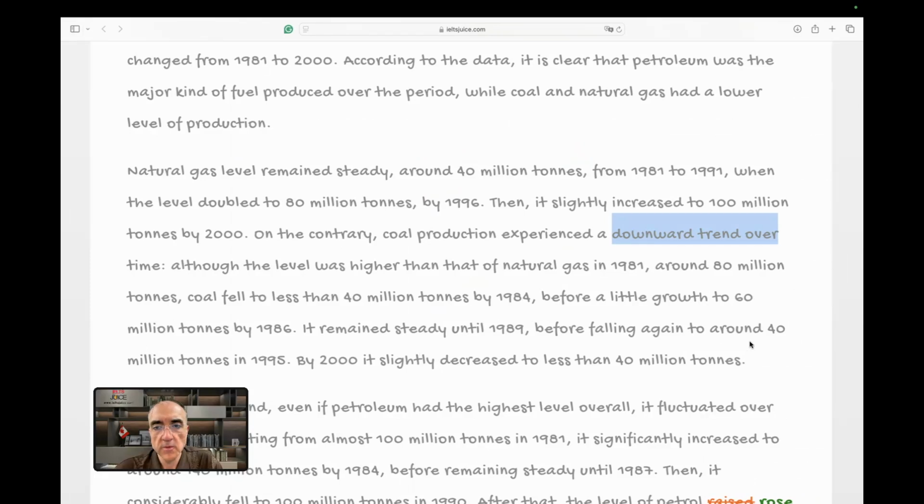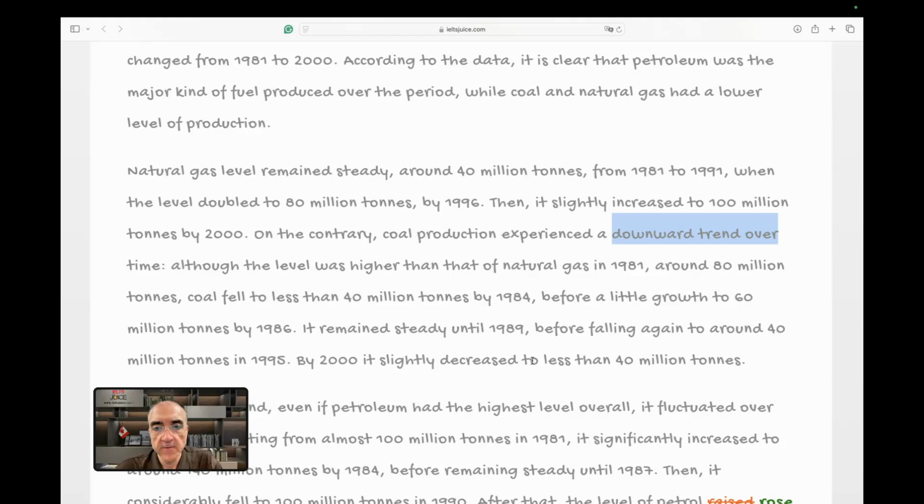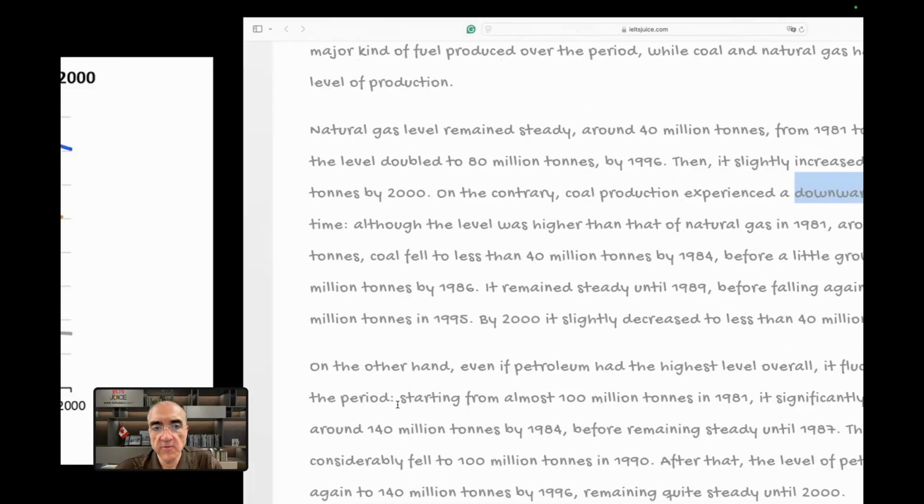A little growth to 60 million tons by 1986. It remained steady until 1989. Fair enough. Good. This time you calculated accurately, and yes, it's until 1989, before falling again to around 40 million tons in 1995.